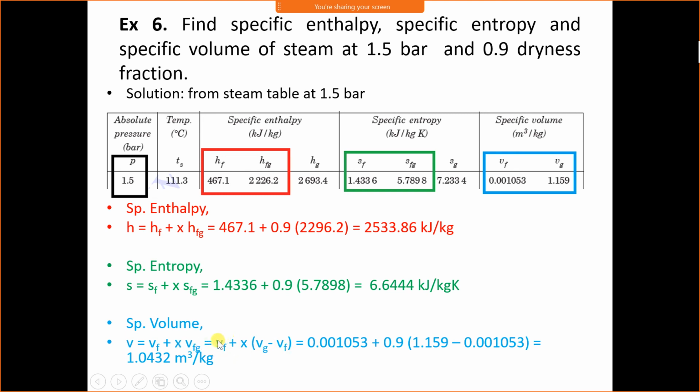Therefore, we have modified formula as vf plus x times vg minus vf. And the corresponding values are 0.001053 plus 0.9 into 1.159 minus 0.001053, and it is coming out to be 1.0432 meter cube per kg.